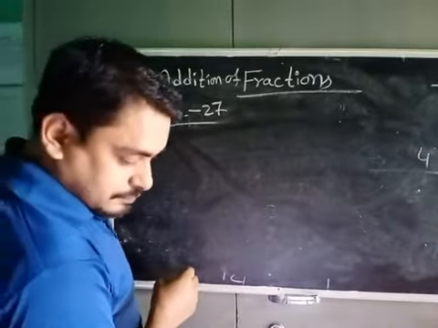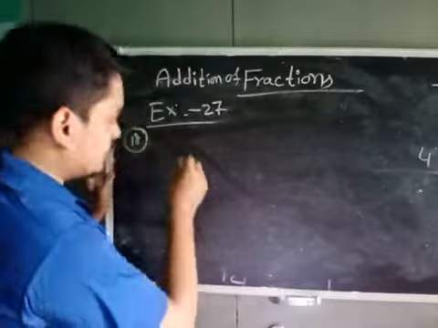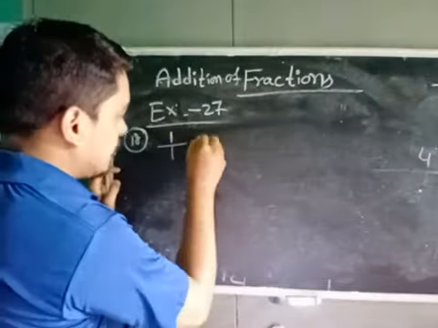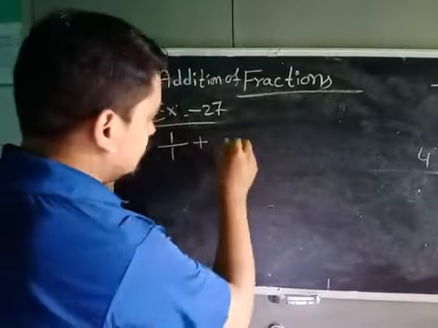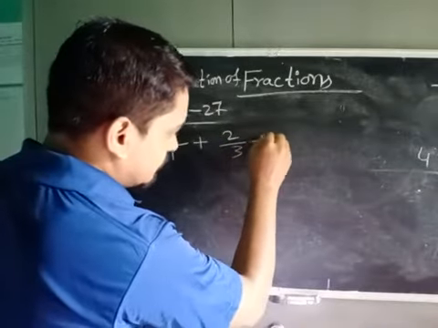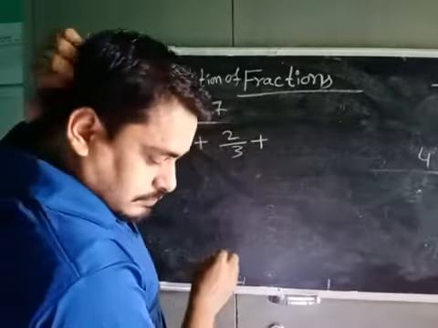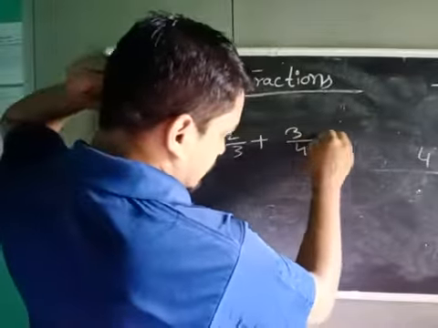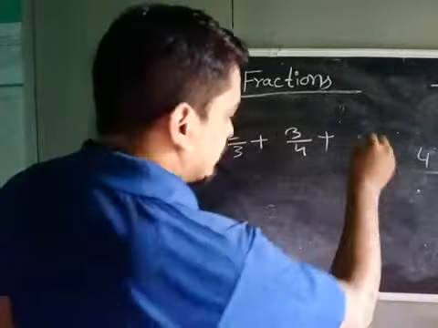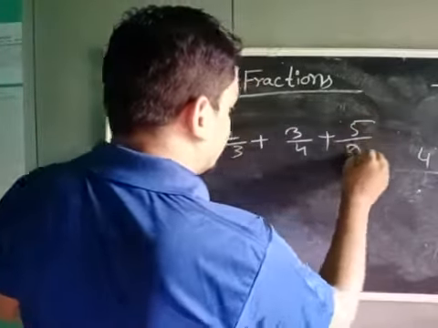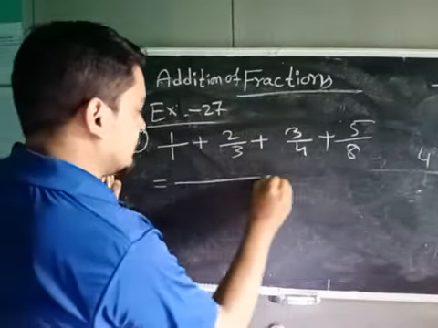Here you see 1 by 1 plus 2 by 3 plus 3 by 4 plus 5 by 8. So what to do? At first we have to find out the LCM.